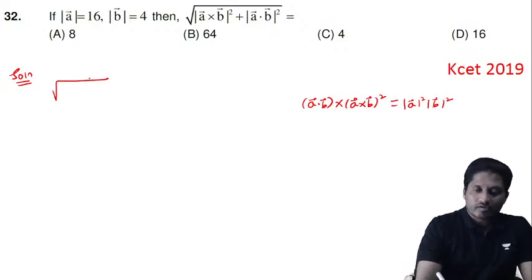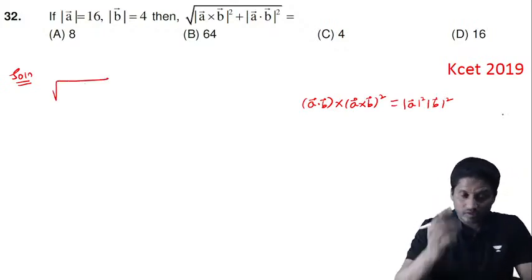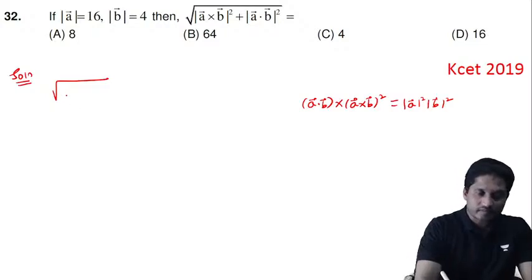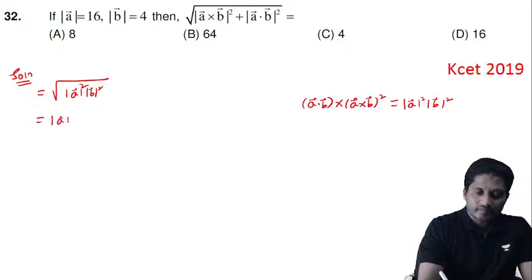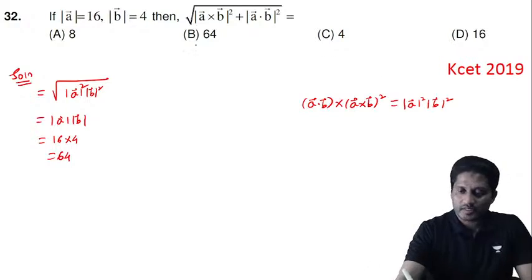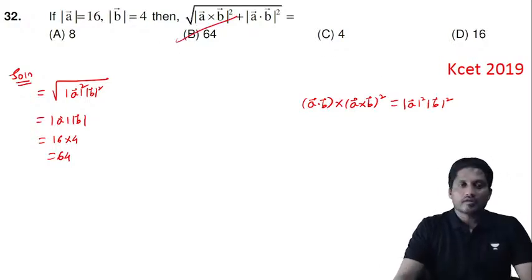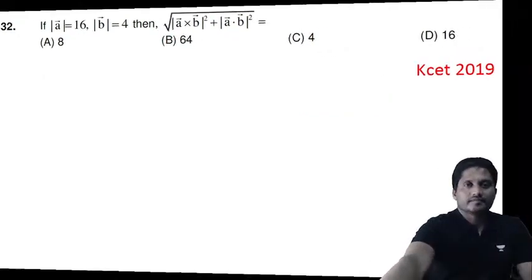So root of dot the whole square plus cross the whole square is equal to root of mod a square into mod b square, which is equal to mod a into mod b. Right, so mod a is equal to 16 into 4, which is equal to 64. Answer is option B. Alright, let's move to the next question.